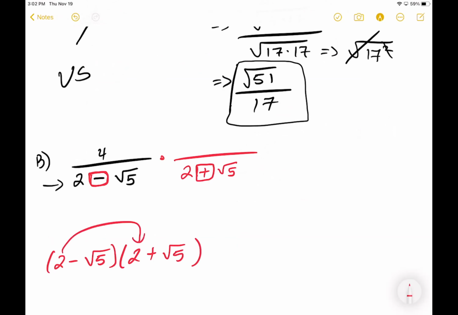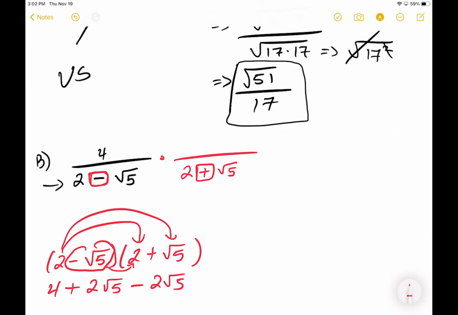2 times 2 gives me 4. 2 times the square root of 5 gives me 2 square root of 5. A negative square root of 5 times 2 gives me a negative 2 square root of 5. And a negative square root of 5 times the square root of 5 gives me a negative 5 on the inside.